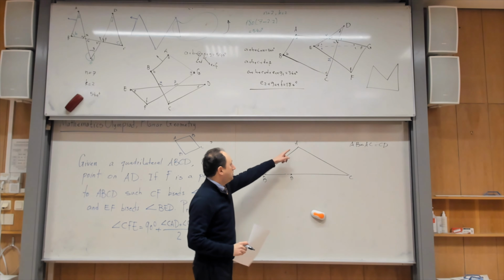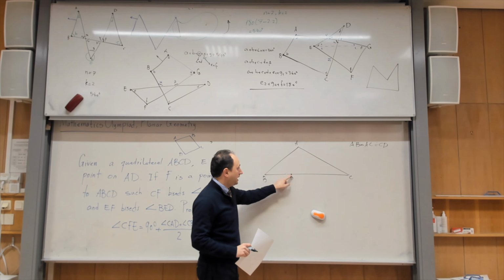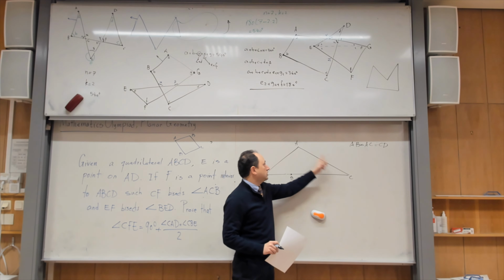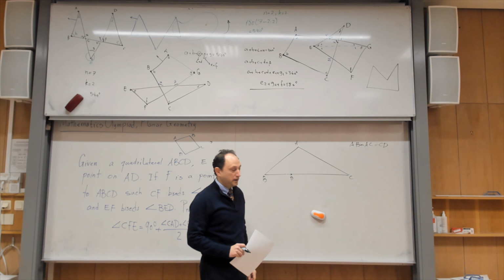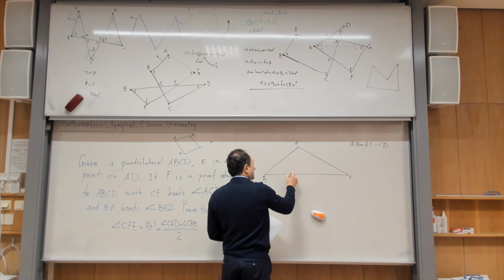So AB is equal to AC in an isosceles triangle, and D is chosen in a way that from D to C is also equal to these two sides. And then you connect this one to this one.